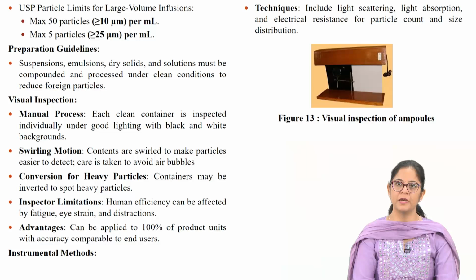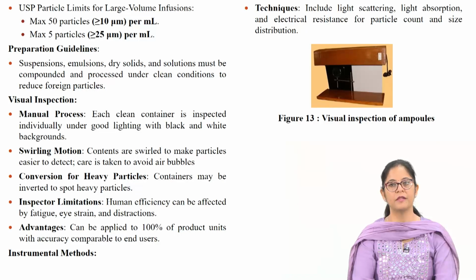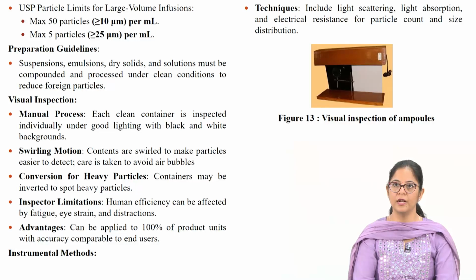The visual inspection could be done by manual process. Each container closure system is inspected individually under good lighting against a white and black background. Contents are swirled to make particles easier to detect. Care is taken to avoid confusing the particles with air bubbles.